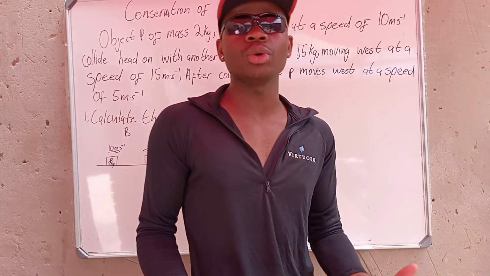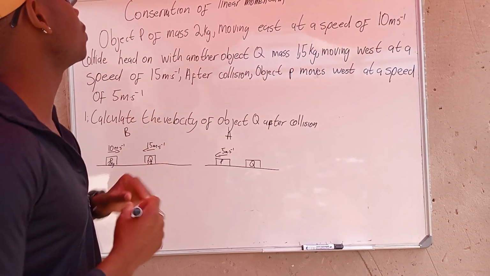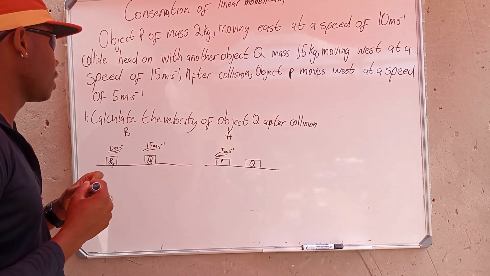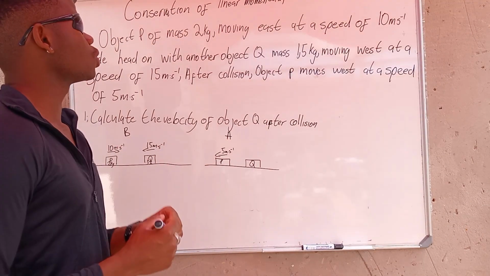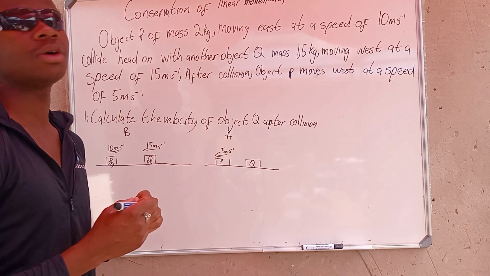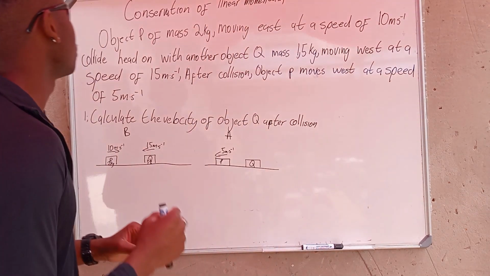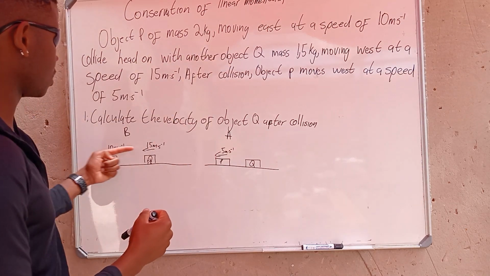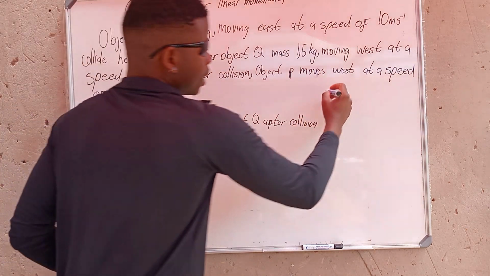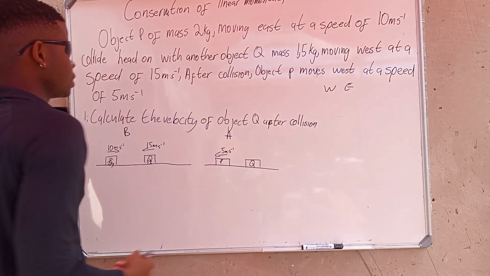Okay guys, now we are going to do an exam question, still continuing with conservation of linear momentum. It says: object P of mass 2 kg moving east. If you don't know where east is, east is that way and west is that way.